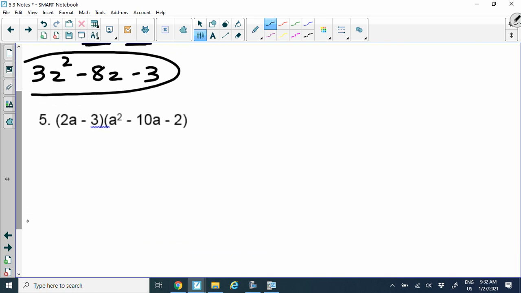Okay, let's look at example 5. Now we have 2a minus 3 times a squared minus 10a minus 2. So for this one, we will take everything that's in the first set of parentheses and multiply it by everything in the second set.